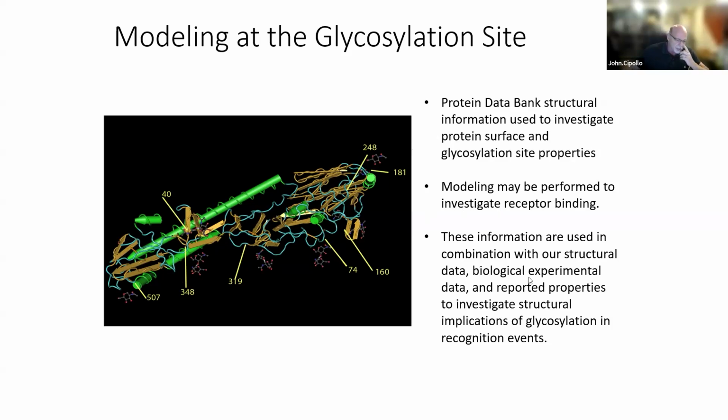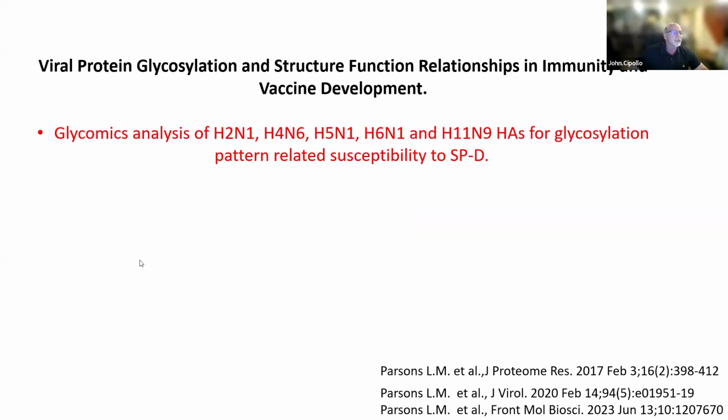This information is used in combination with our structural data, our biological experimental data, and the reported properties of the glycosylation and structure of these proteins in, for instance, recognition events. So this helps us understand the protein and the glycosylation sites.